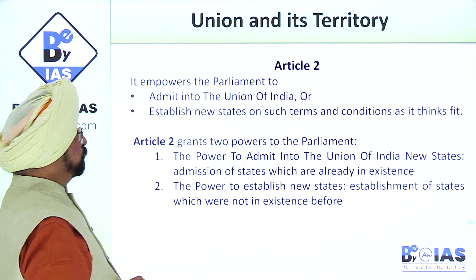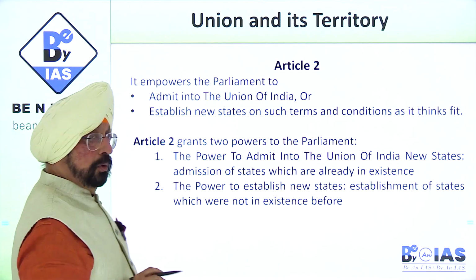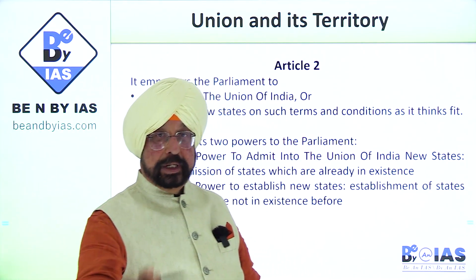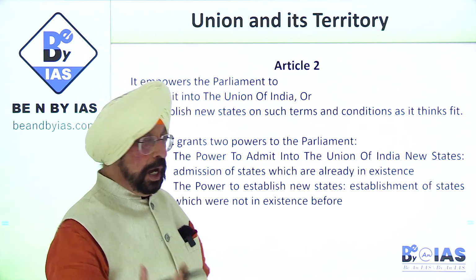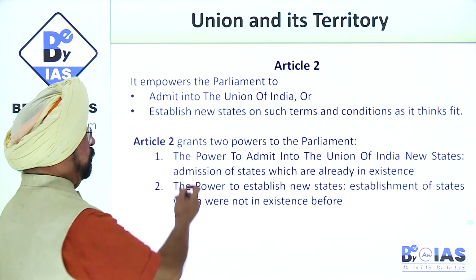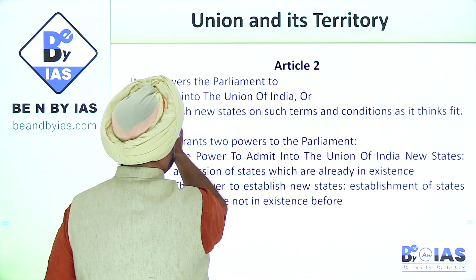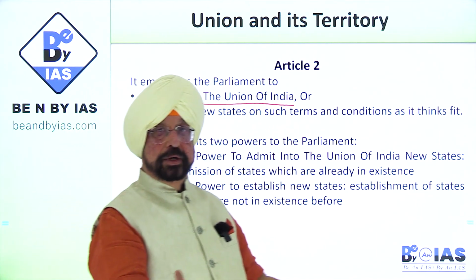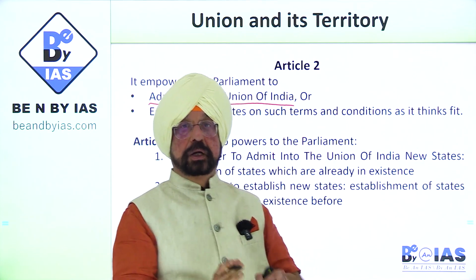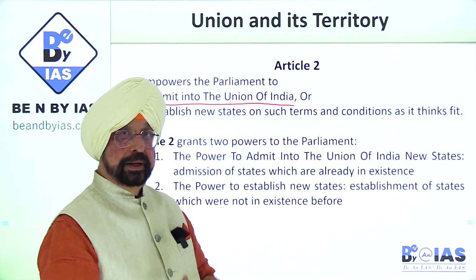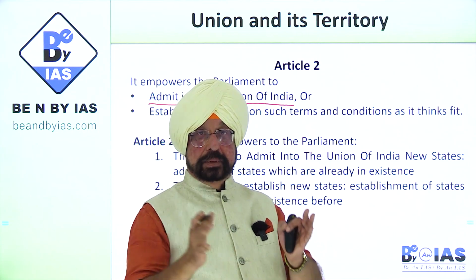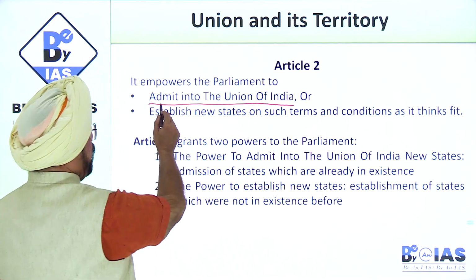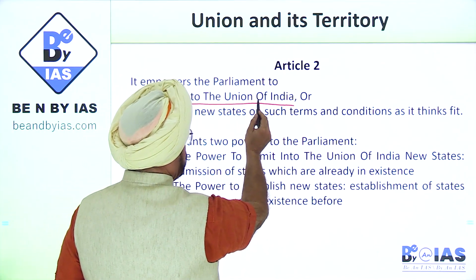Article 2: now what if suppose we have acquired a new territory? How to admit it into Union of India? Because simply it cannot come and join. It has to be joined formally and made an integral part of the country. So it can be admitted into Union of India.